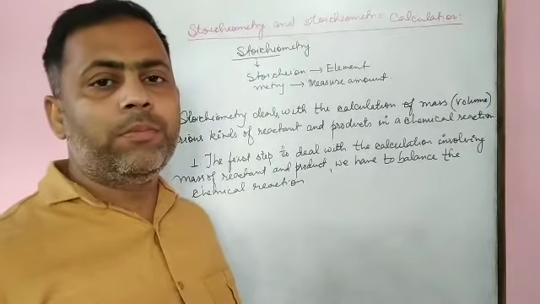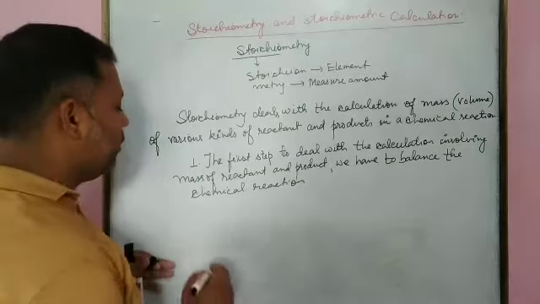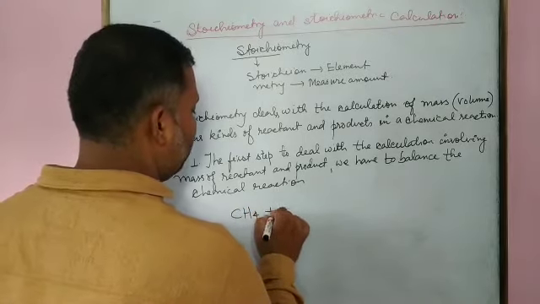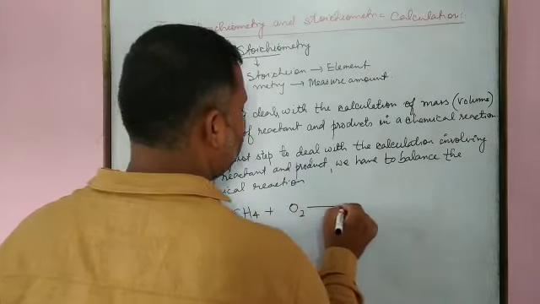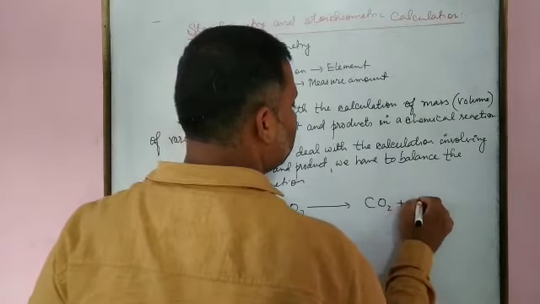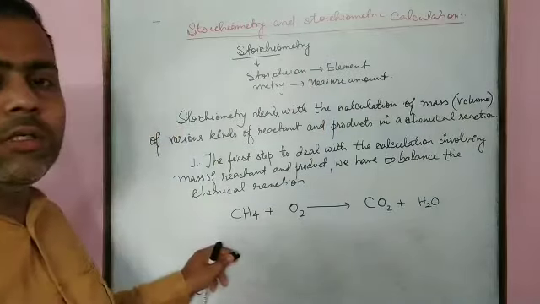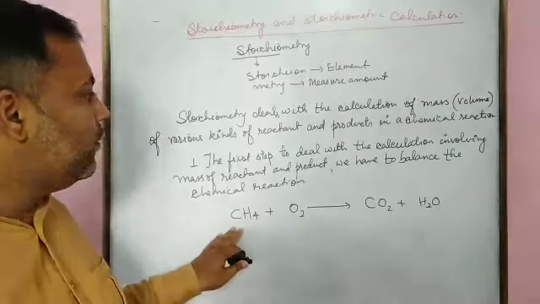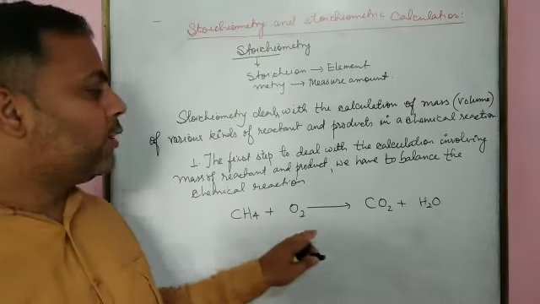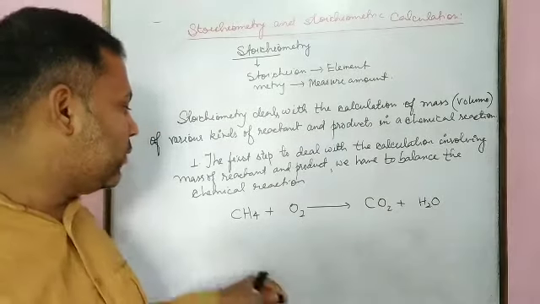Let us have a reaction, that is the combustion of methane. It means methane burns in the presence of oxygen to produce, we know, carbon dioxide plus water. The first condition to deal with a chemical equation involving the masses of reactant and product is to balance the chemical equation.